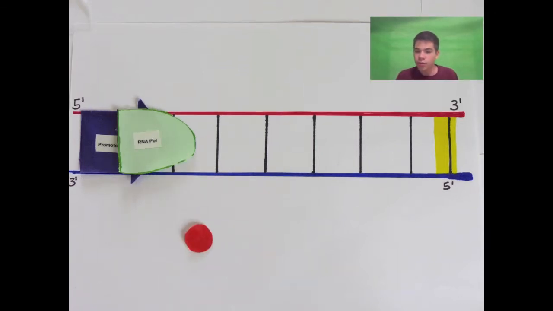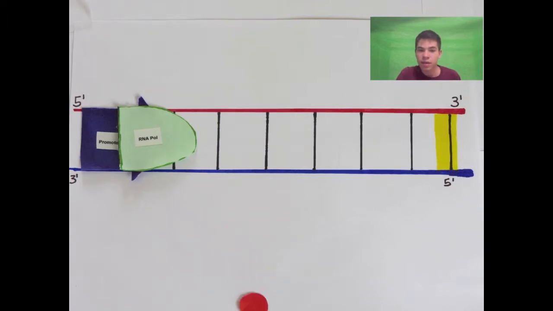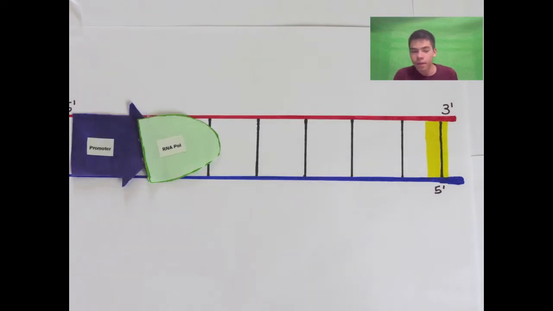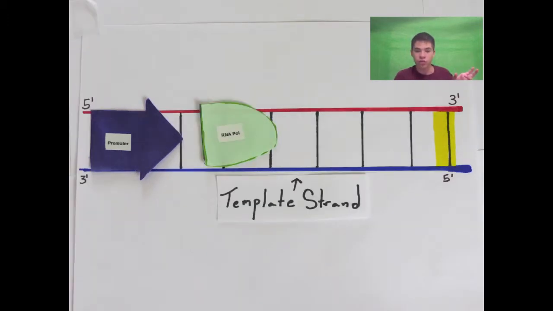So now the RNA polymerase moves along the template strand of the DNA, synthesizing the complementary single-stranded mRNA. Now, I just want to go over this briefly. A complementary strand is going to be formed off of the template strand.